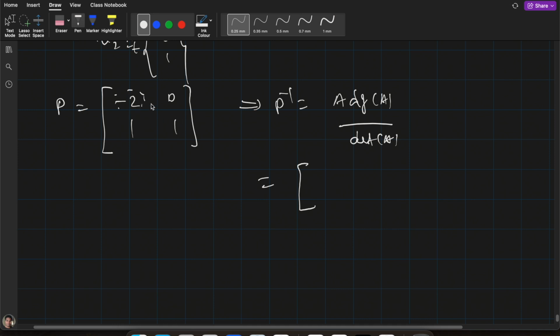For this one it will be 1, but with the sign minus, so odd position, minus 1. For this it will be 0, and for this it will be minus 2. I need the adjoint, and the adjoint is the transpose of that cofactor matrix. And the determinant is minus 2. Fine?